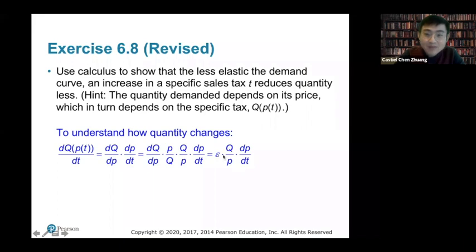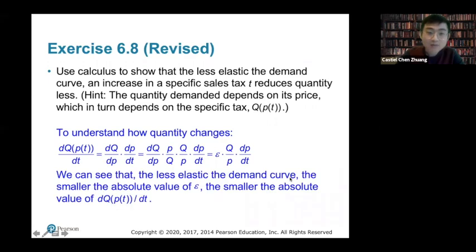But when epsilon is smaller in absolute value, the reduction will be less. So that's what the second part of the statement is saying. An increase in a specific sales tax reduces quantity less when the demand curve is less elastic.